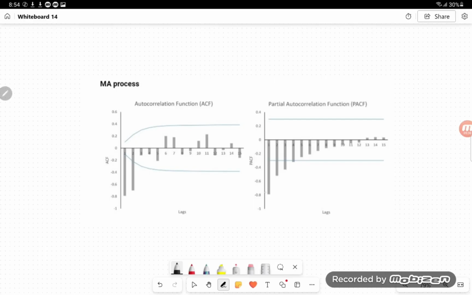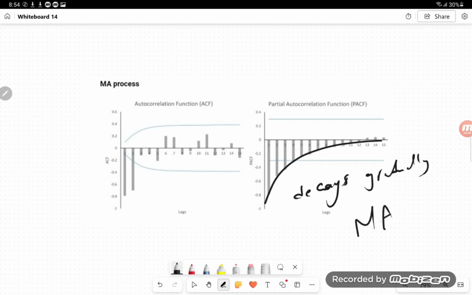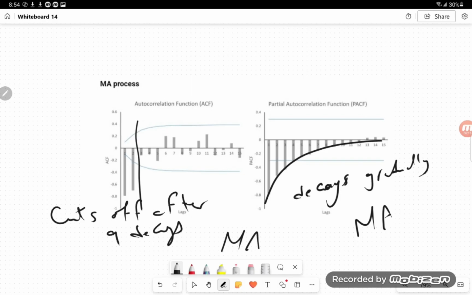As PACF decays gradually, this is an MA model. In order to determine the order of q, we see where the ACF cuts off. Here is the cutoff, after the first two. So this is MA2.